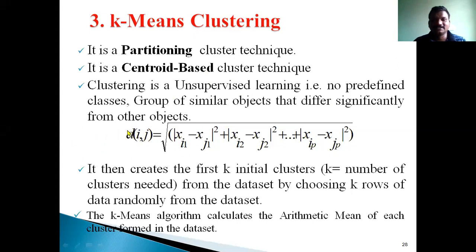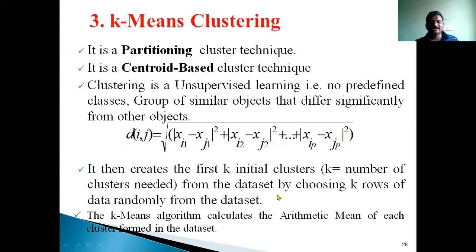This distance was already explained, how to calculate it from one object to another object. Based on this distance you calculate the similarity. Similarity is always identified based on distance.